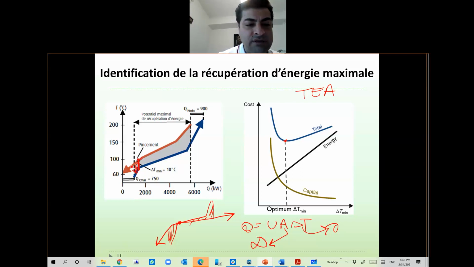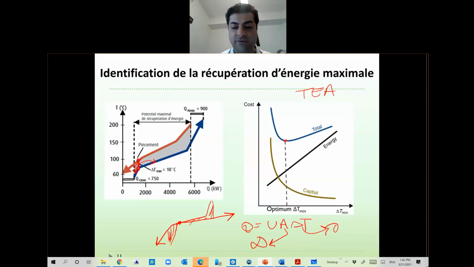From the lower part, you cannot transfer heat to here because thermodynamically it is not possible. So when you say pinch point, you really specify two distinguishable overlapping zones: an upper zone of overlaps and a lower zone of overlaps.